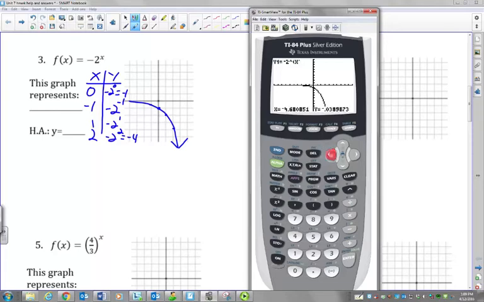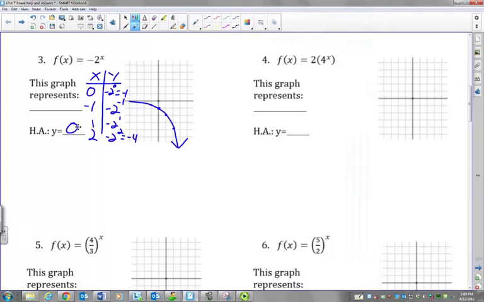You can see negative 0.04, negative 0.03, negative 0.02, negative 0.01, negative 0.008, 0.007. So definitely approaching 0 there. So the horizontal asymptote is 0. Now this is neither actually. This is called negative growth, because it is growing really fast but negatively.